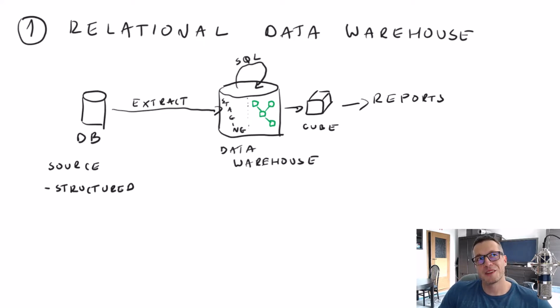To model the data, there were some approaches that we could use, and actually there were two most important ones. So we had dimensional modeling created by Ralph Kimball. And we had a second approach created by Bill Inmon. All right. So these two approaches were all about how to design our data model inside a data warehouse.